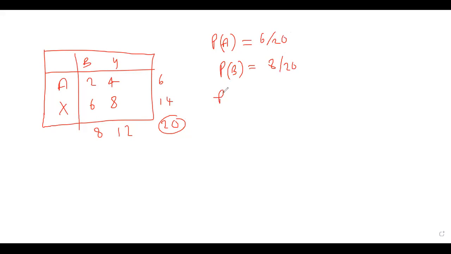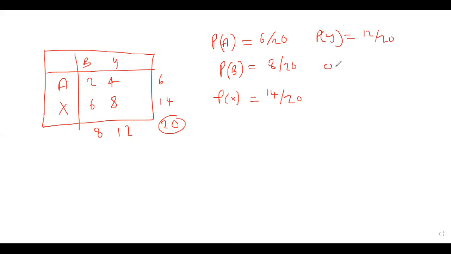The probability of X is 14/20. And the probability of Y is 12/20, over 20.